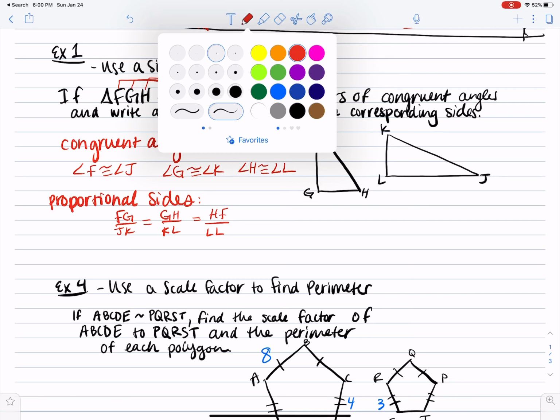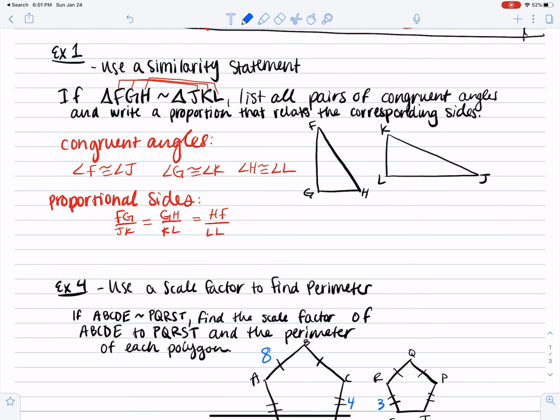And another thing that's important is all the sides of one triangle go on the top, so all the sides from triangle FGH are on the top here, as you can see, and all the sides from JKL are on the bottom here. So you need to make sure that your side lengths match in that way as well. So those are our answers there.